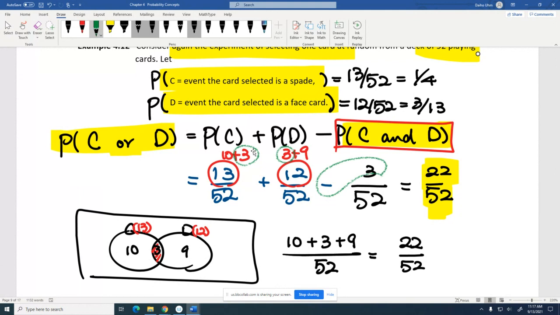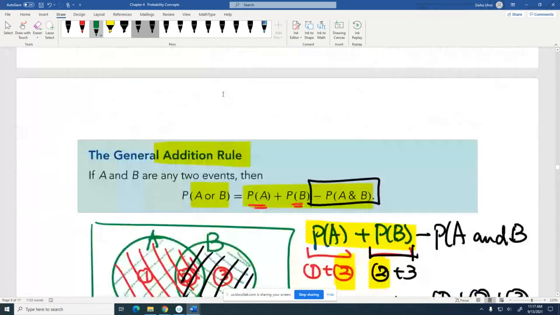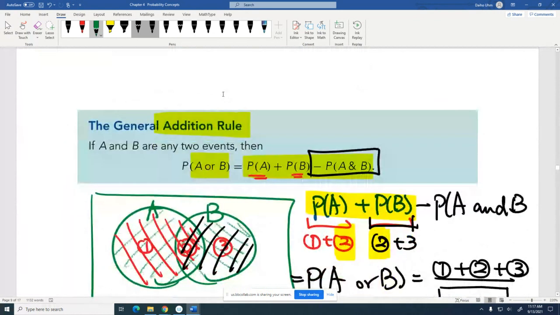But now we put the title, the general addition rule, for what? A or B. So please remember the or. For or, we apply the addition rule. And I said anytime it will be true, even when they are mutually exclusive.